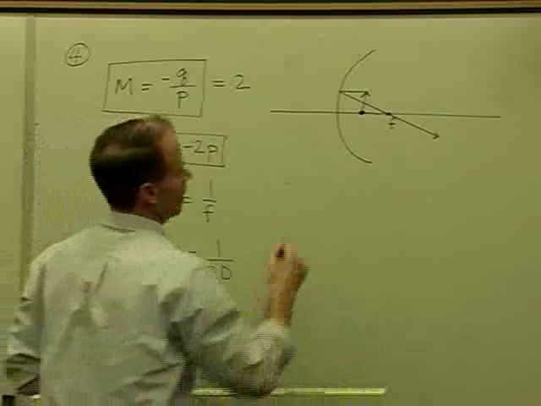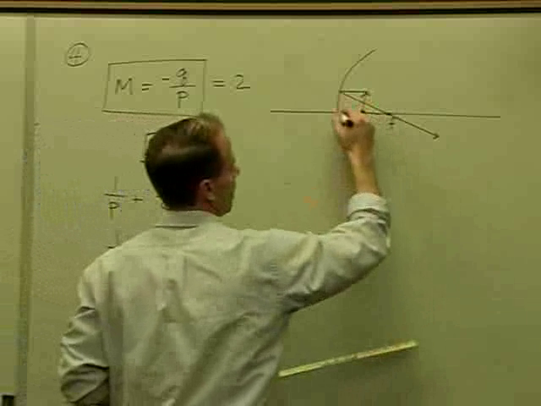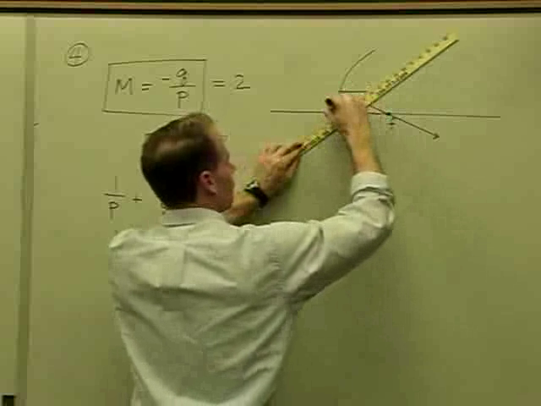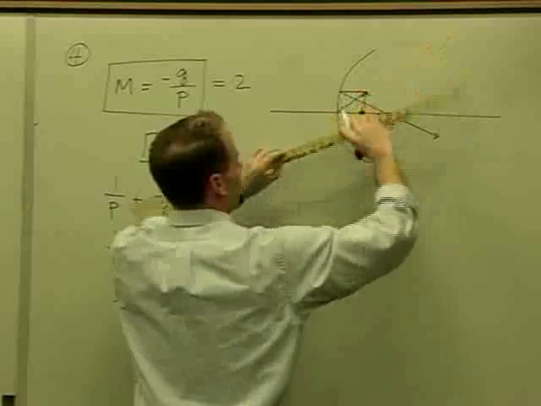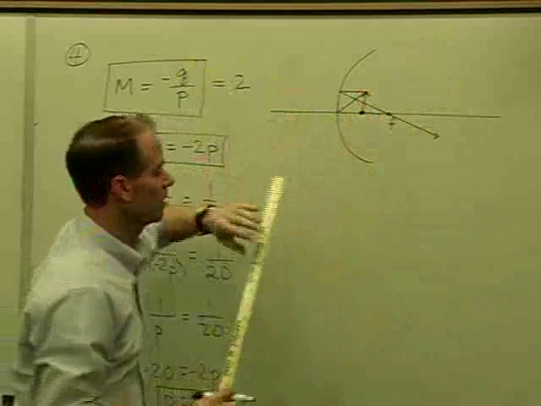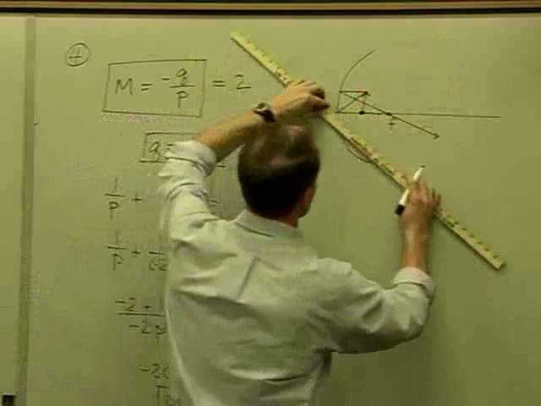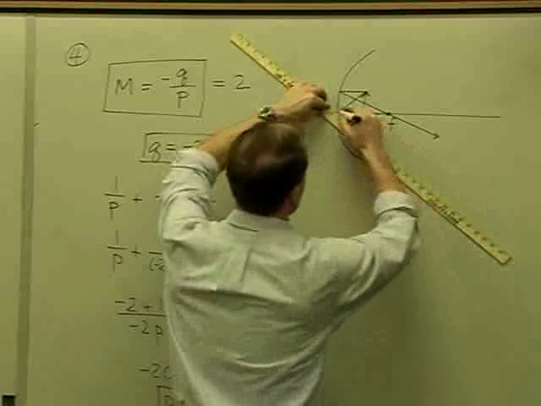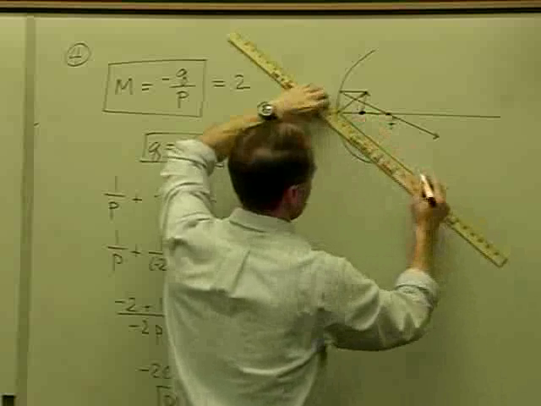And if I had a ray that came in to the center of this mirror, I would expect the angle of incidence to equal the angle of reflection. So it would come out straight out like this.